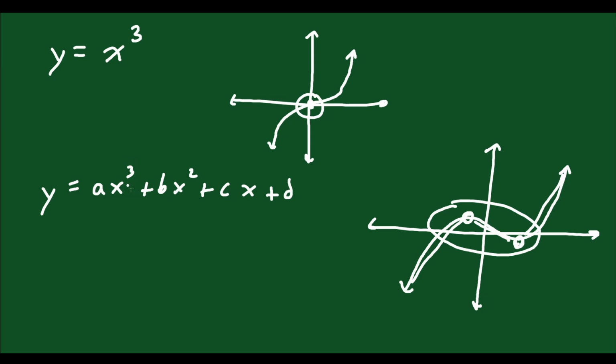Another way people think about this is at most you'll have 2 turning points for a third degree polynomial. So the rule that people come up with is just 1 less than whatever the degree is. That's how many turning points you can have. And when I say turning points, I'm referring to those maximums or minimums. Really, that's a local maximum and a local minimum, because this here isn't the maximum for the whole graph. It's just the maximum in that area, right, where it's located.